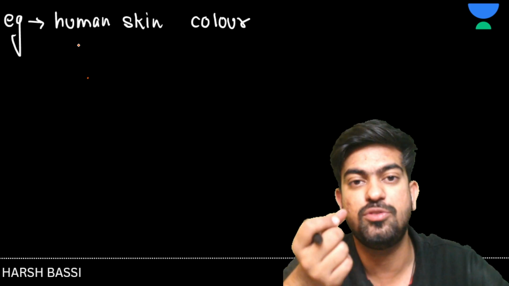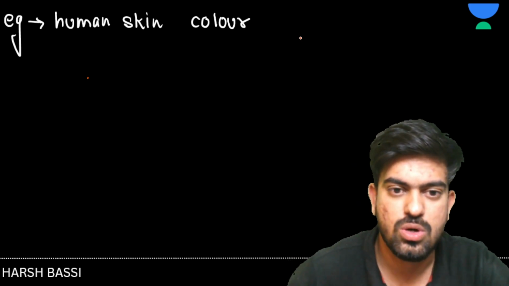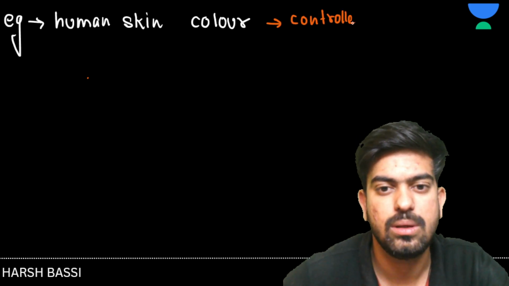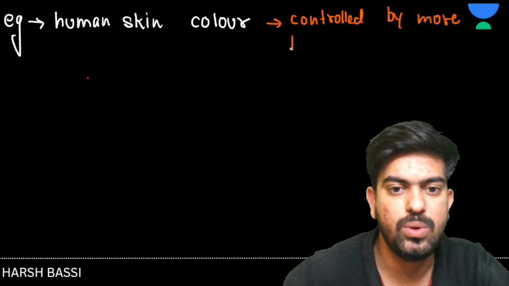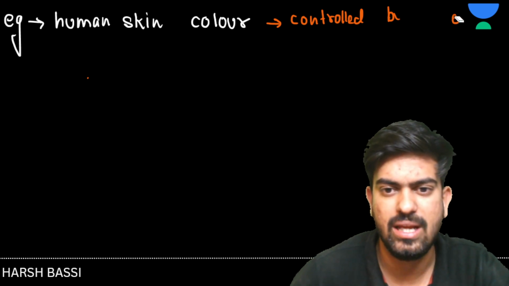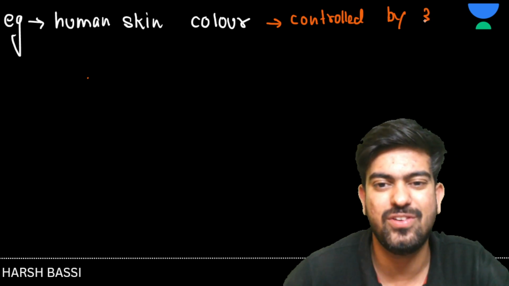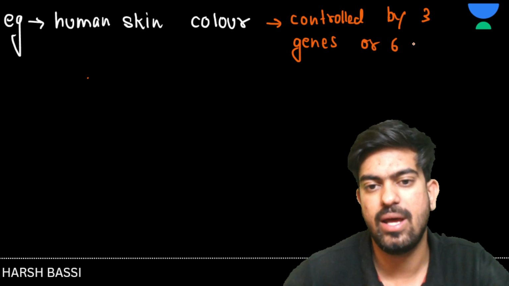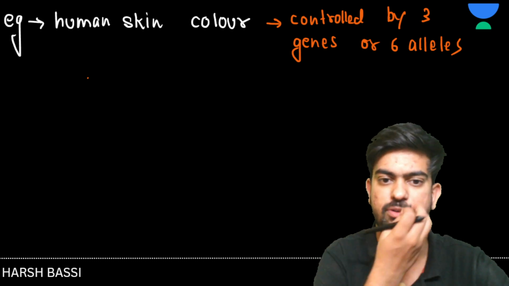And if I'm using the word allele, I should not say three, rather I should say six. So it is controlled by three genes, or I can say six alleles, right? Yes, sir. This is very much perfect, no doubts.